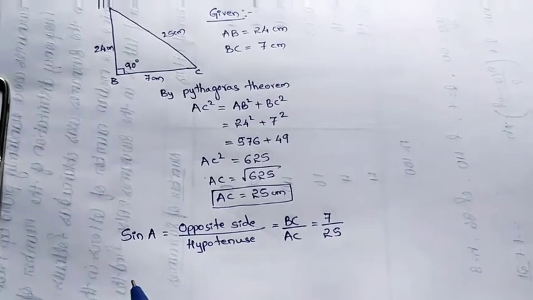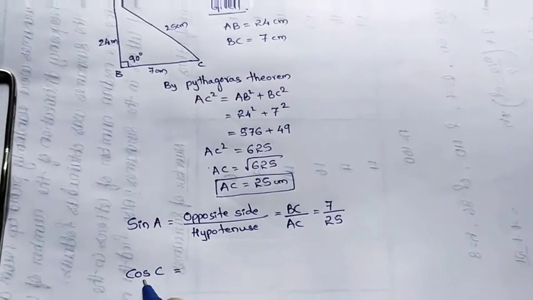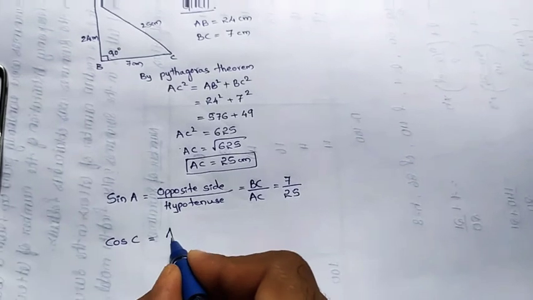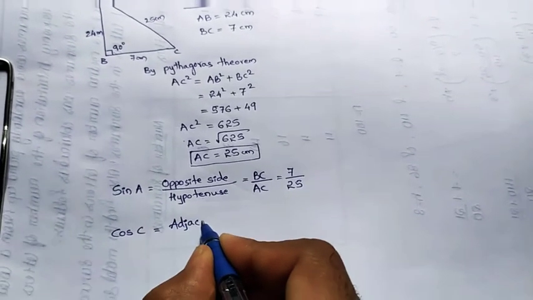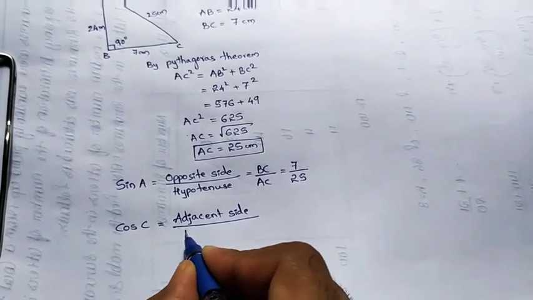Next, cos A. The formula of cos is adjacent side by hypotenuse.